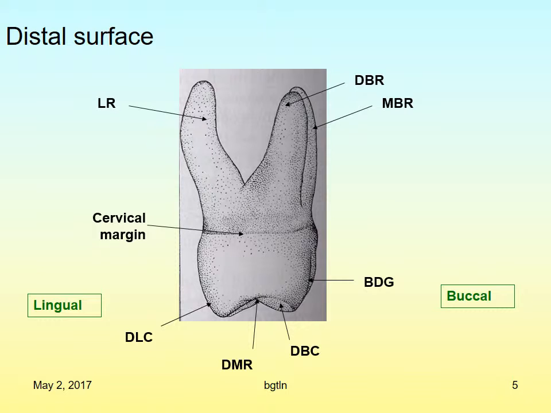From the distal surface, similar to the mesial surface, you can identify two distal cusps as a major feature, and you can identify the distal marginal ridge also.